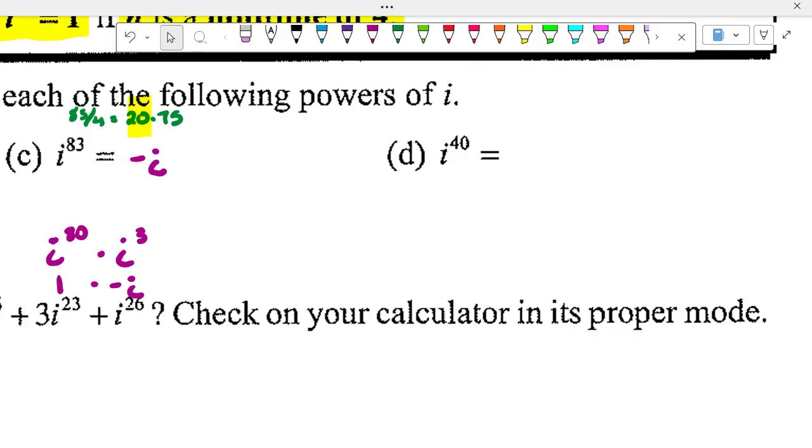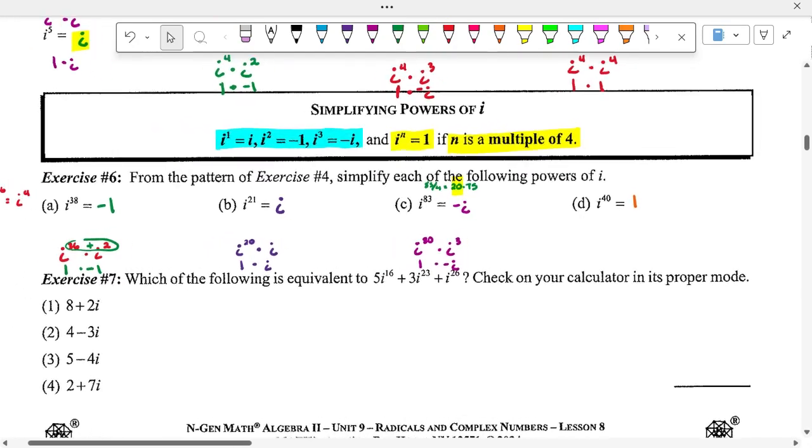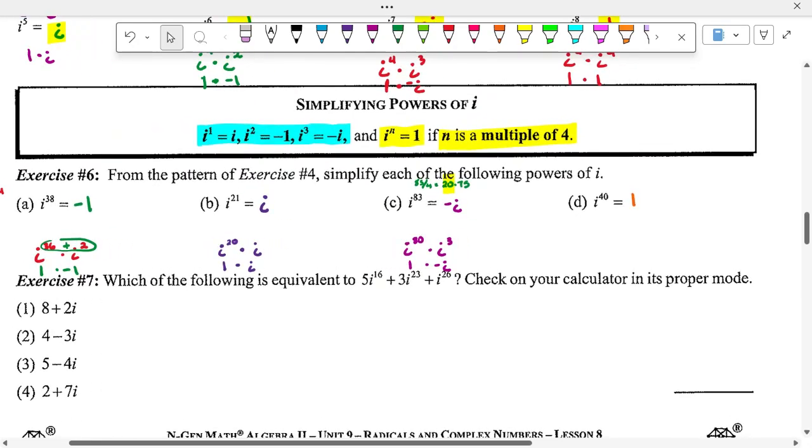So since 40 is a multiple of 4, it's not i, it would be 1. So if the exponent is a multiple of 4, it's just automatically 1. Any questions on that one? How to figure out what the equivalent of i raised to a power is?